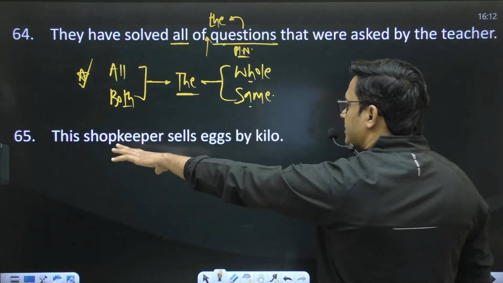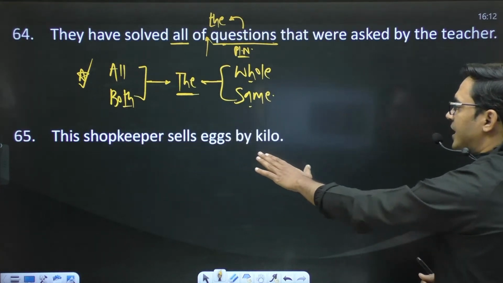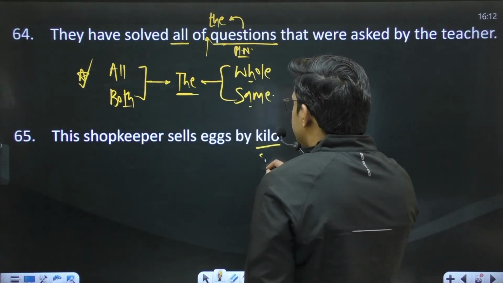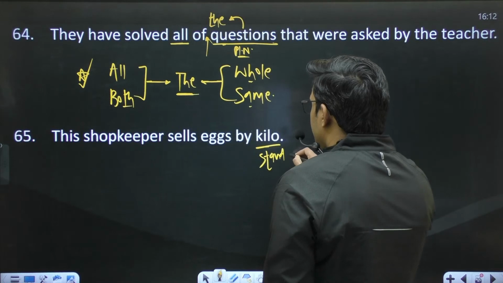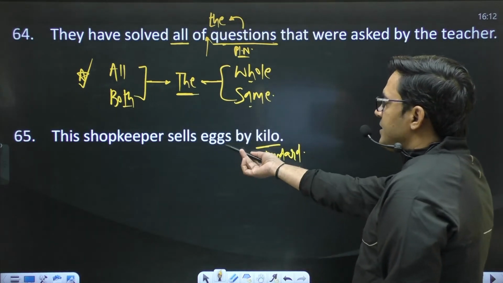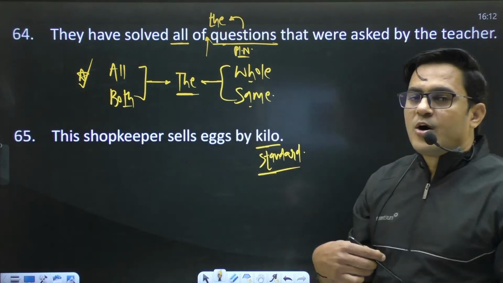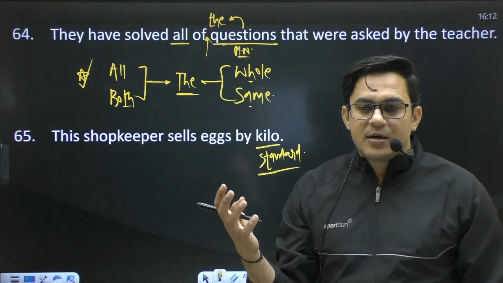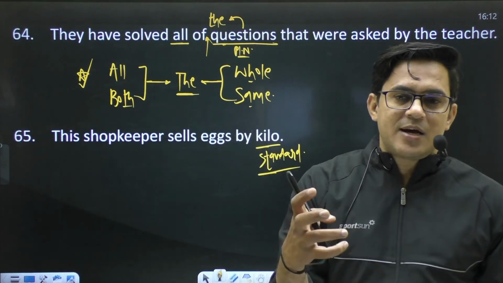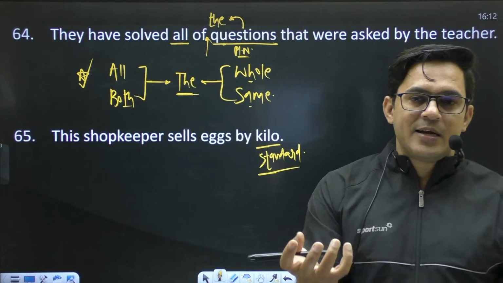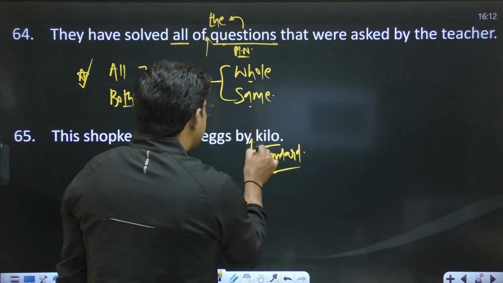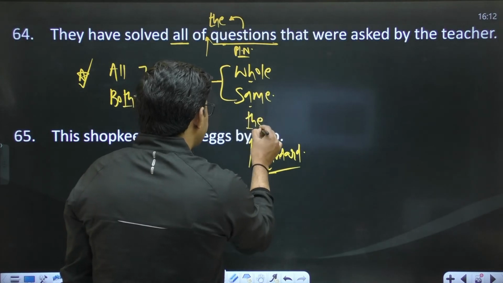This shopkeeper sells eggs by kilo. You know this word kilo, this is a standard, right? Like a shopkeeper sells eggs by kilo, or a shopkeeper sells milk by liter. These are the standards to measure anything, right? And the concept is, before standards we use the article the.